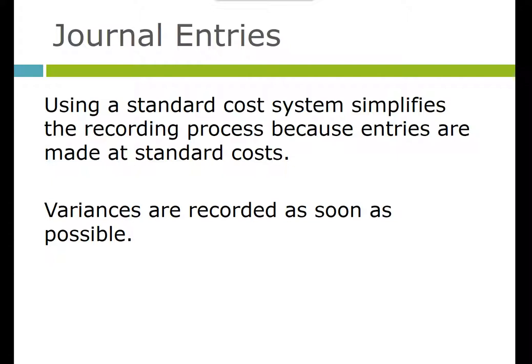And so that's what the journal entries walk you through. Those are in the book. I think you can follow along. Remember, it goes in at standard, and then you can go back later and correct for the variances, and then you have to adjust your actual cost based on those standards, to make sure you've got the right number going forward.